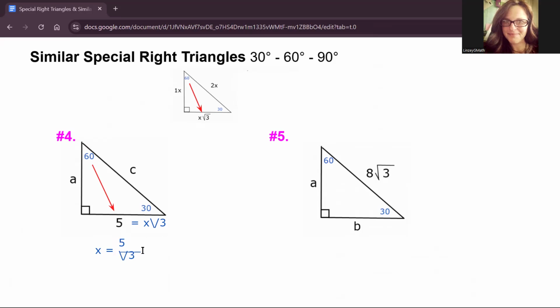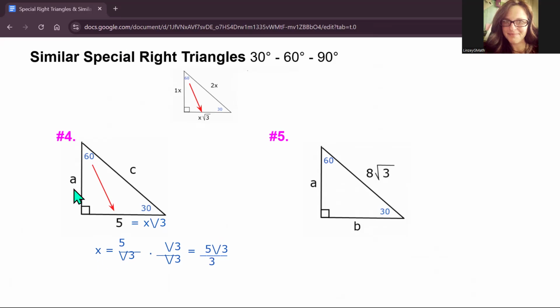Now I'm going to go ahead and rationalize this. I'm going to multiply top and bottom by the square root of 3. And we get our rationalized scale factor, 5 square root of 3 over square root of 3 times square root of 3, which is 3. So 5 square root of 3 over 3 is our scale factor x.